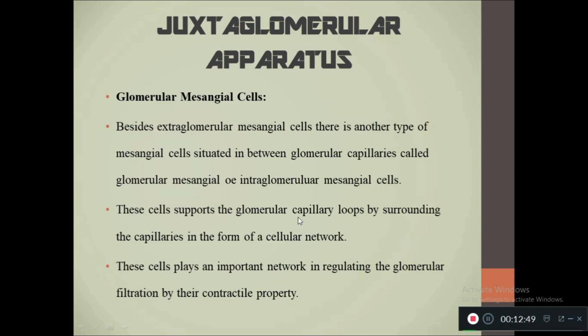These cells support the glomerular capillary loops by surrounding the capillaries in the form of a cellular network. These cells play an important role in regulating glomerular filtration by their contractile property. So the important function of the glomerular mesangial cell is that it controls the glomerular filtration rate, and it also gives support to the glomerular capillaries.